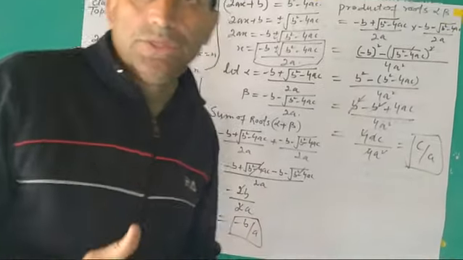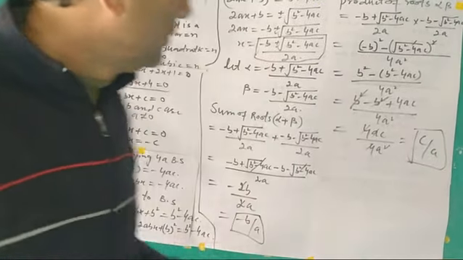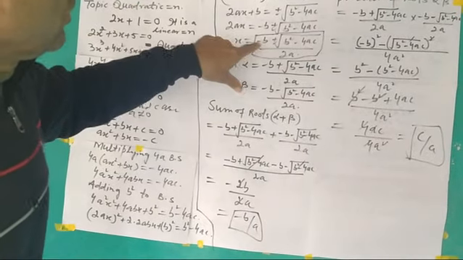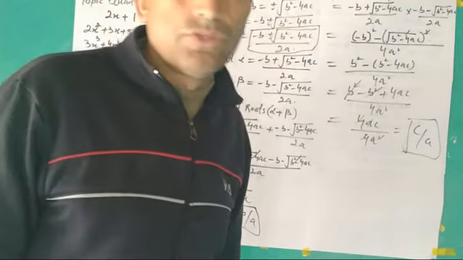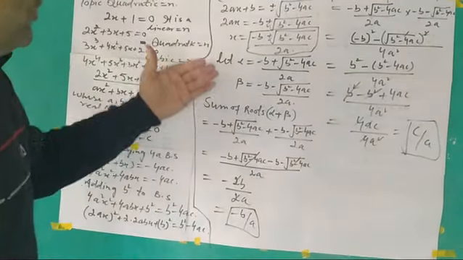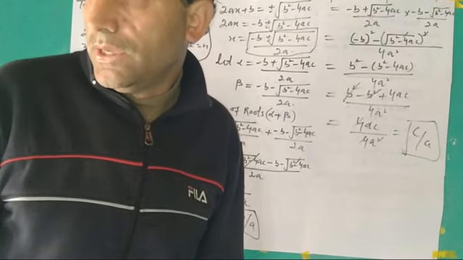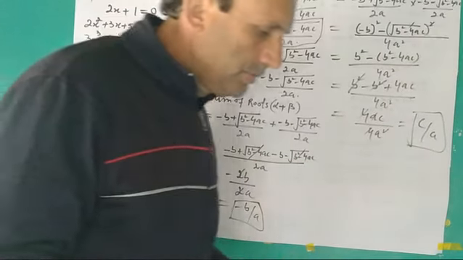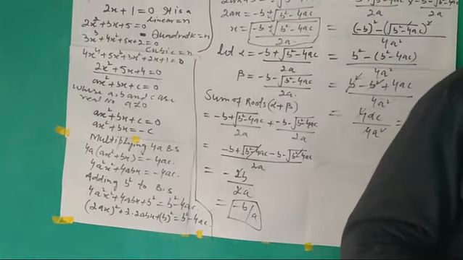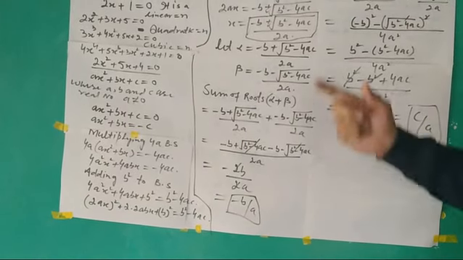So in today's topic we have proved the quadratic formula, sum of roots and product of roots. So I hope you will remember these formulas. With the help of these formulas we can find the roots of the quadratic equation.